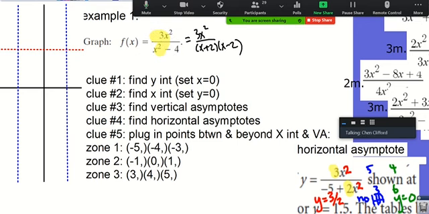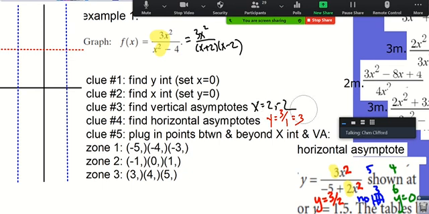So your horizontal asymptote is going to be y equals 3 over 1, which is 3. Again, by way of this clue that we have from the box. Vertical asymptotes: what can't x be to make this whole equation undefined? The answer is 2, -2.